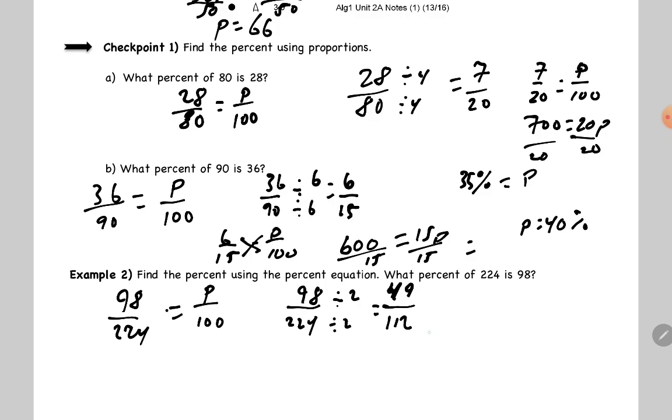Can I do anything else with that? I think that's it. So 49 over 112. I don't think this is any easier. Cross multiply and I'll get 490. Wait. No, 4,900.